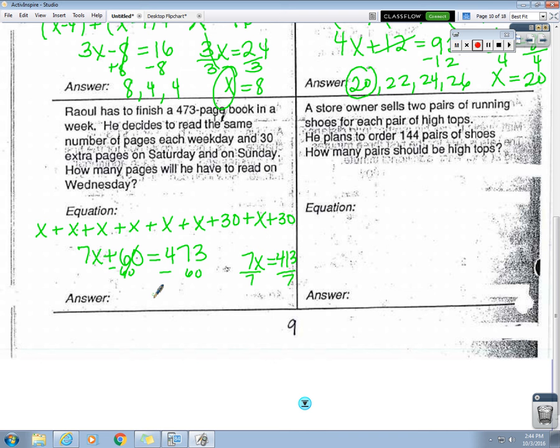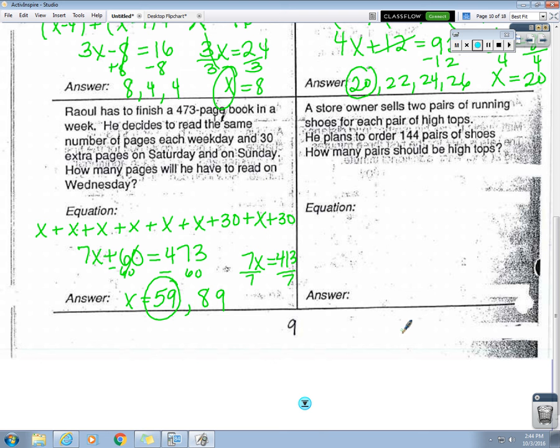So x equals 413 over 7, which is 59. Isn't the regular x's the weekdays? So how much would you have had to read on the weekend? 89 each day. But they want to know how many you have to read on Wednesday, so the answer is 59.